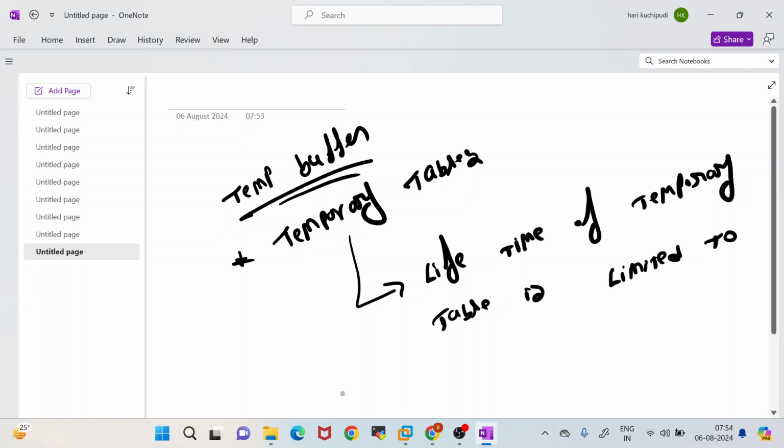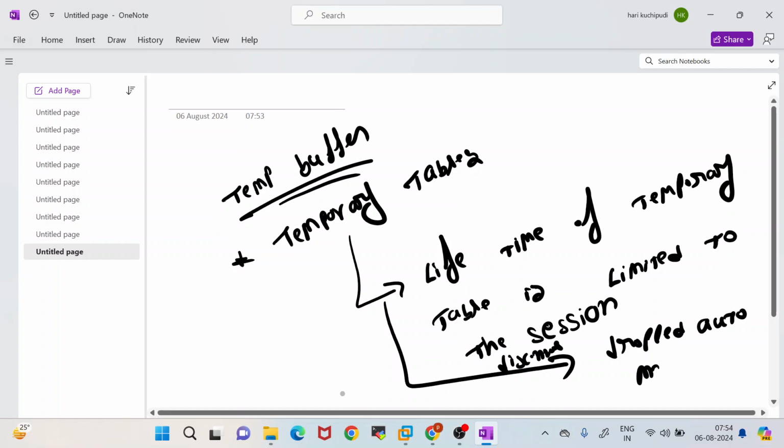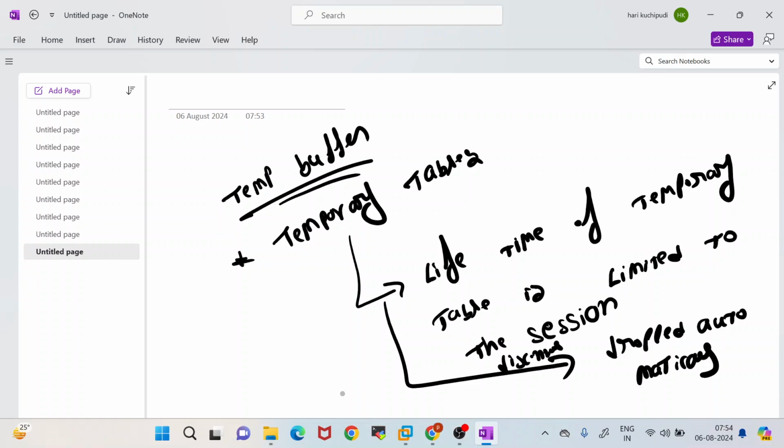The lifetime of the temporary table is limited to the session, which means once you disconnect from the session, the temporary table will be dropped automatically.